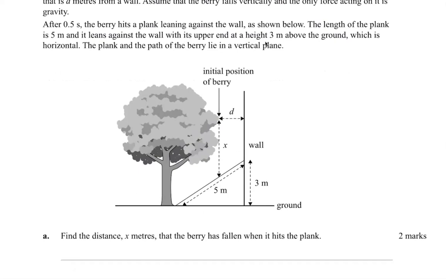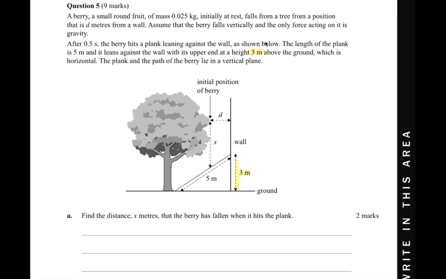The length of the plank is 5 meters, and it leans against the wall with its upper end at a height of 3 meters above the ground, which is horizontal. The plank and the path of the berry lie in a vertical plane. Find the distance that the berry has fallen when it hits the plank.